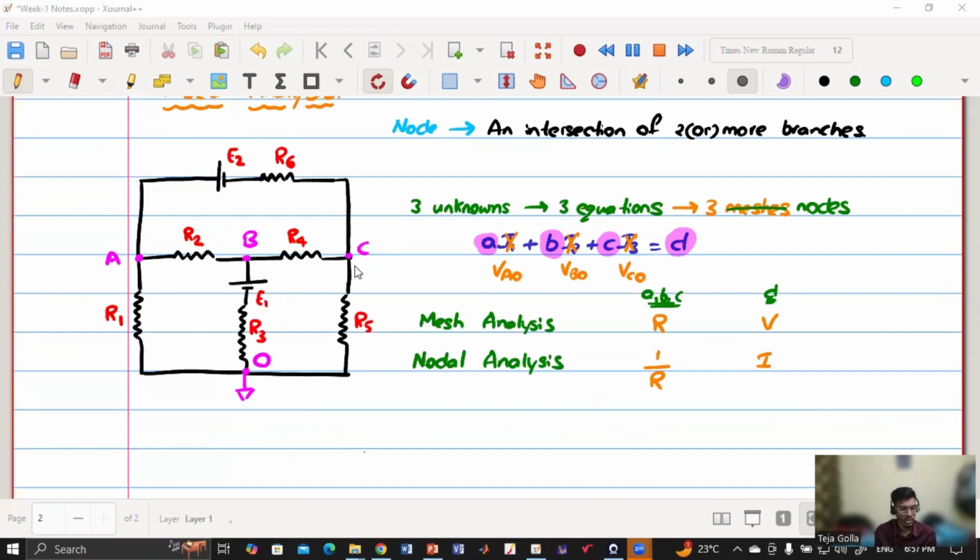If neither of them will give you any benefit, both are mostly the same, then you can select which one you are comfortable with. I am always comfortable with nodal analysis, so I might prefer nodal analysis. But if I see that mesh analysis will reduce the number of unknowns as well as equations, then I'll prefer mesh analysis. Is that clear?